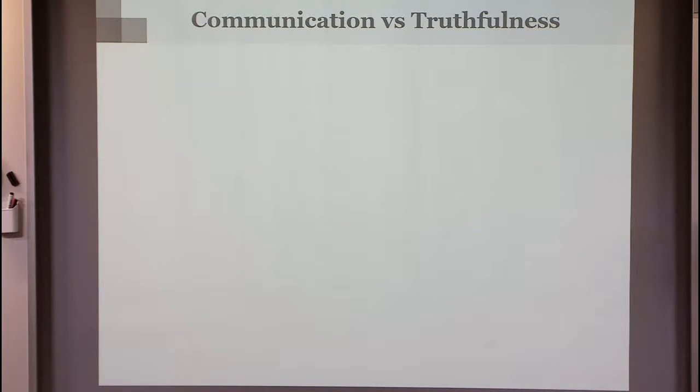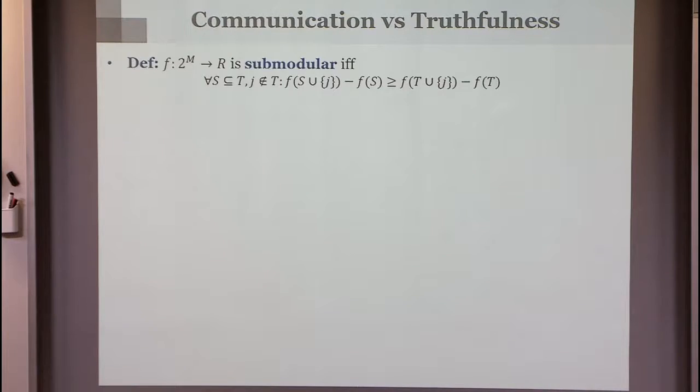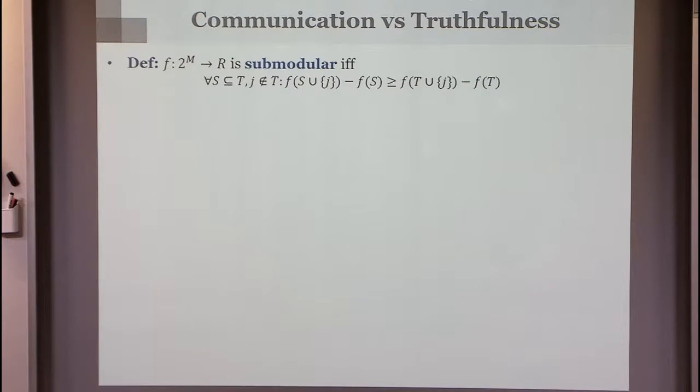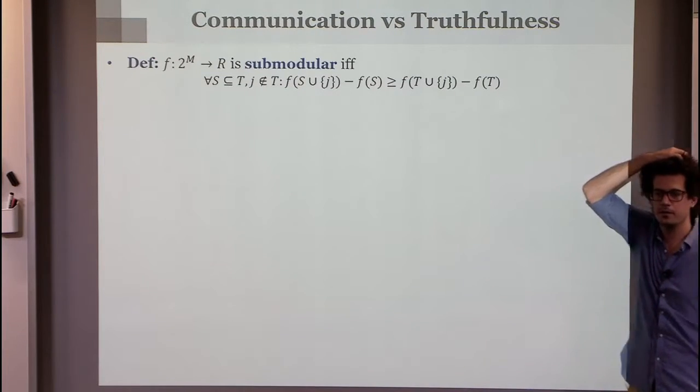I want to dwell a bit on the second approach and see what's happening once you want to design mechanisms that make queries to the bidders. I'm going to augment my running example, which was an arbitrary combinatorial auction setting, with the assumption that bidders are not arbitrary, but they're submodular.